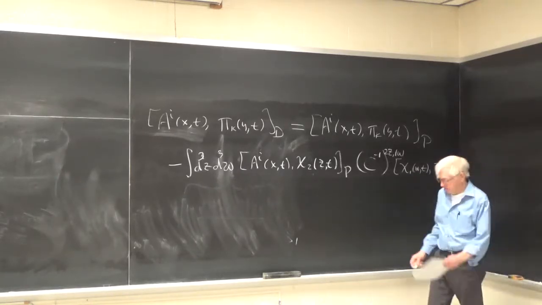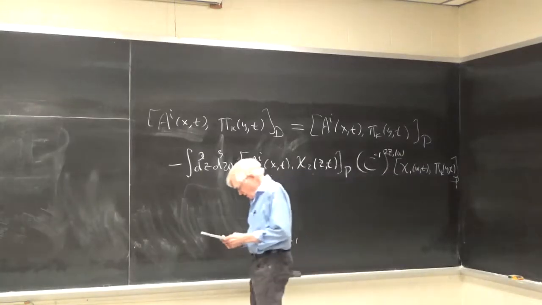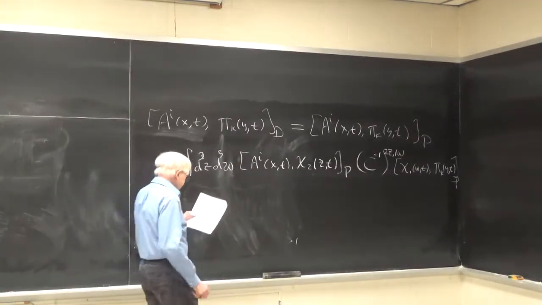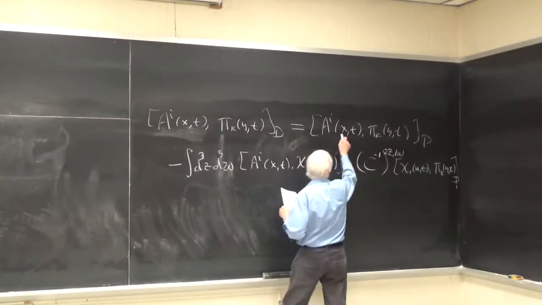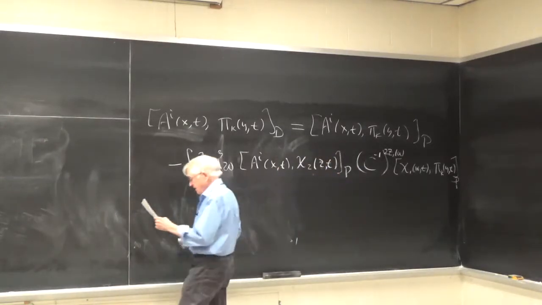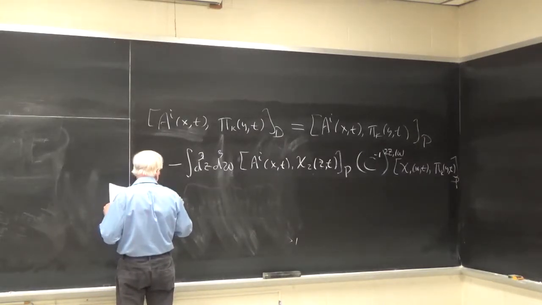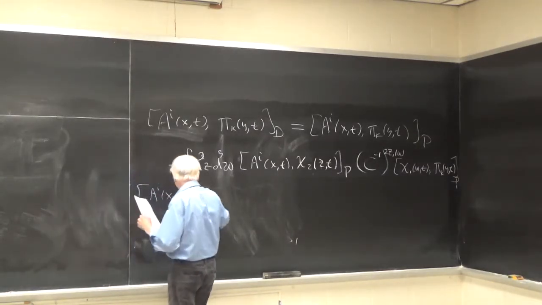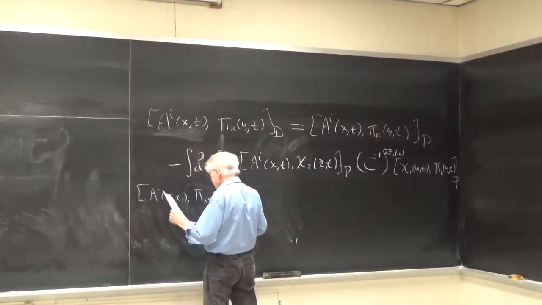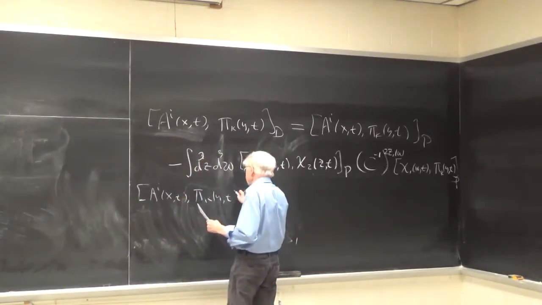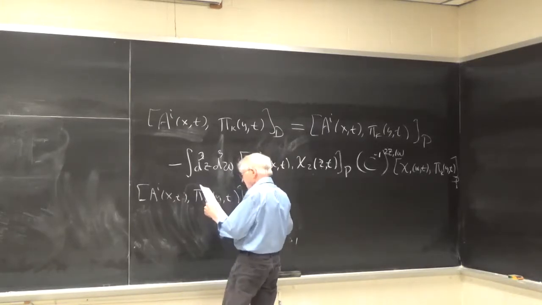So that's the Dirac bracket. Now the first Poisson bracket is kind of obvious. It's A_i of x,t and p_k of say y,t.